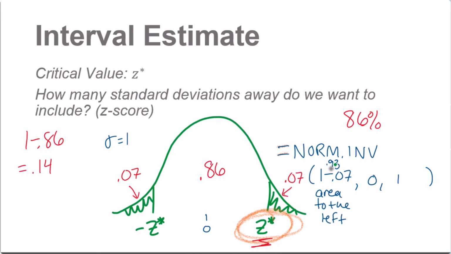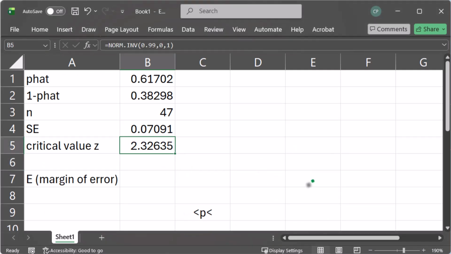So that's how we calculate the critical values for whatever confidence level we want. I'm going to stick with that 98% confidence level, which gave me a critical value of a little over 2. So we're going to take a little more than 2 standard deviations, or 2 times our standard error, and add and subtract that to our sample proportion.